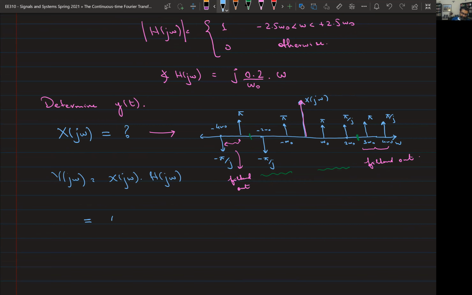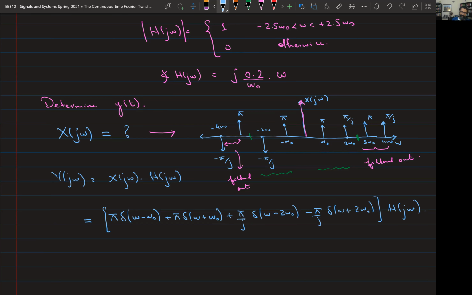Okay? So Y of j omega is going to be equal to, and let me now write this out, right? So this is pi delta omega minus omega naught plus pi delta omega plus omega naught plus pi by j delta omega minus 2 omega naught, and then minus pi by j delta omega plus 2 omega naught, times H of j omega. And what is H of j omega?